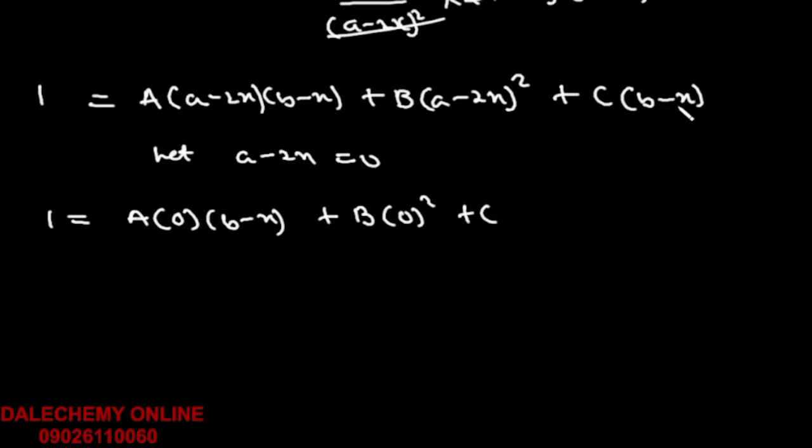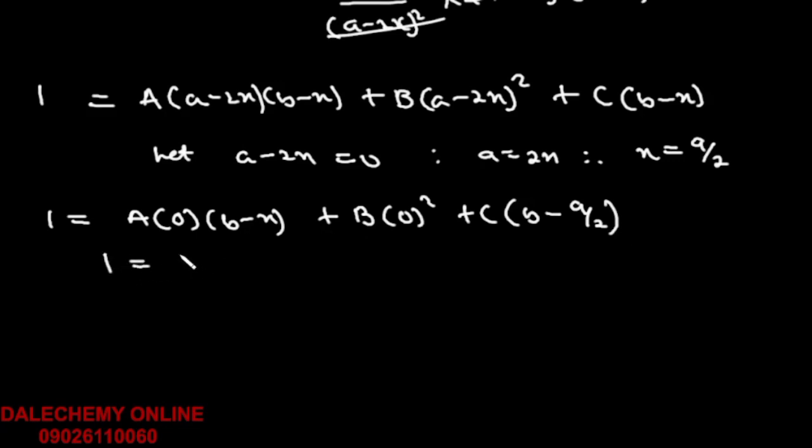Now you're going to replace the value of x here in terms of a. If a minus 2x is equal to 0, then we have therefore x equal to a over 2 when you divide both sides by that. So we have x replaced by a over 2, and all this has become 0.